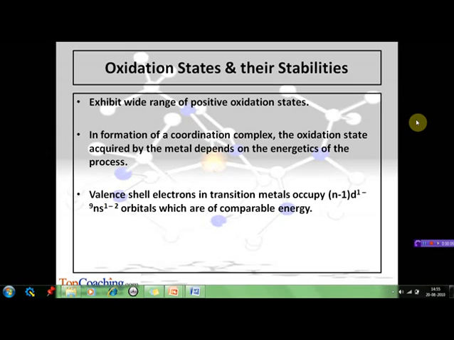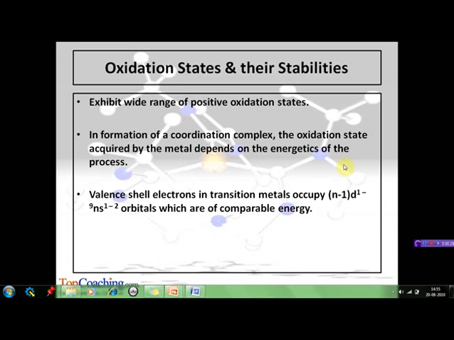Transition metals exhibit a wide range of positive oxidation states. When a transition metal atom forms a coordination complex, the oxidation state it acquires depends on the energetics of the process. The removal of electrons for ion formation requires energy, whereas energy is released when compound formation takes place.